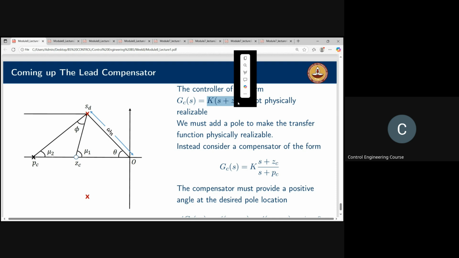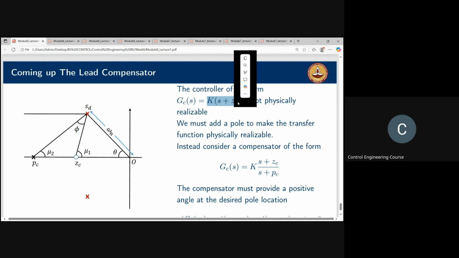So a pure differentiator, first of all, is dangerous. It amplifies high frequency noise. The other thing is, it is not physically realizable by any physical system, such as an RC or RLC circuit, because no system will respond to high frequency noise.